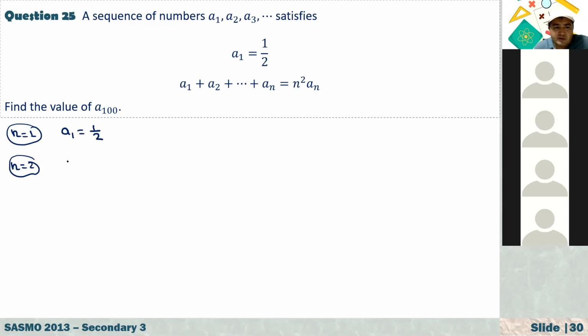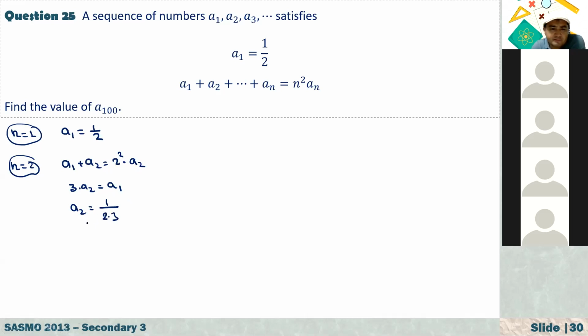If n equals 2, a1 plus a2 is equal to, on the right hand side, 2 squared times a2. So from here, 4 times a2, so 3 times a2 is equal to a1. So what is a2? a2 equals, a1 is 1 over 2, 1 over 2 times 3.